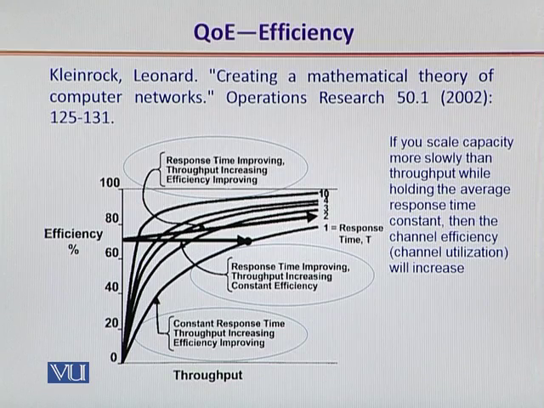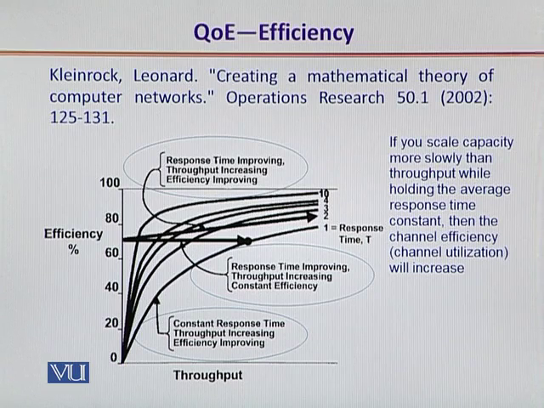Here we see 3 clusters. From the top, it is shown that the response time is improving, the throughput is increasing, and the efficiency is improving. Improved response time means the overall time is being curtailed.